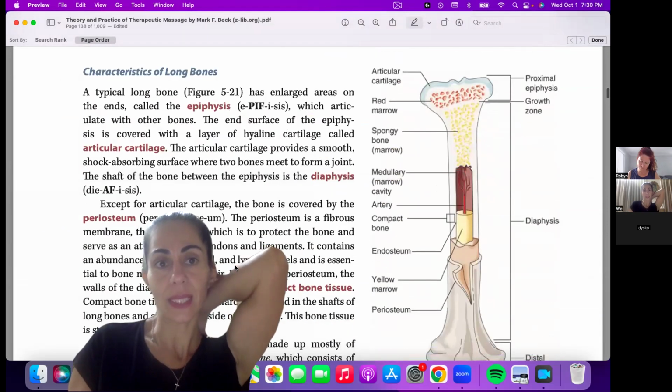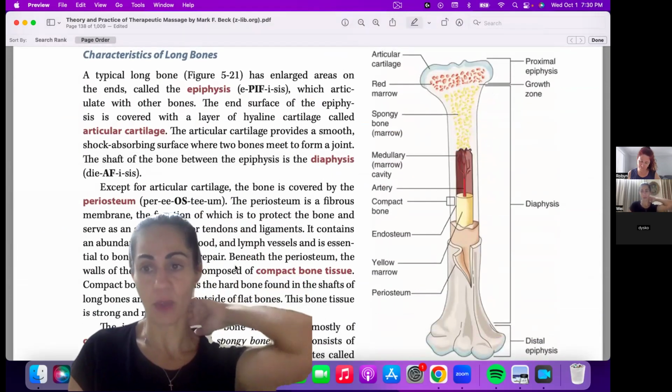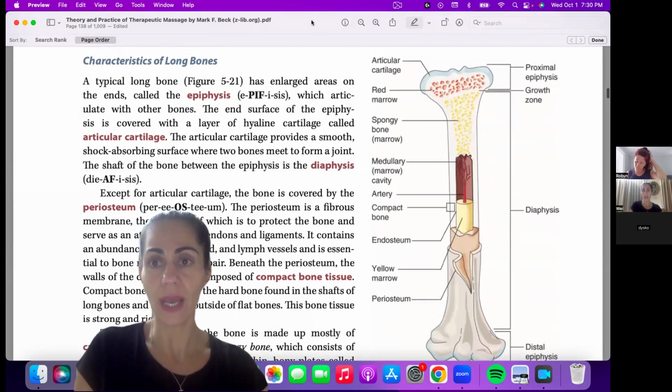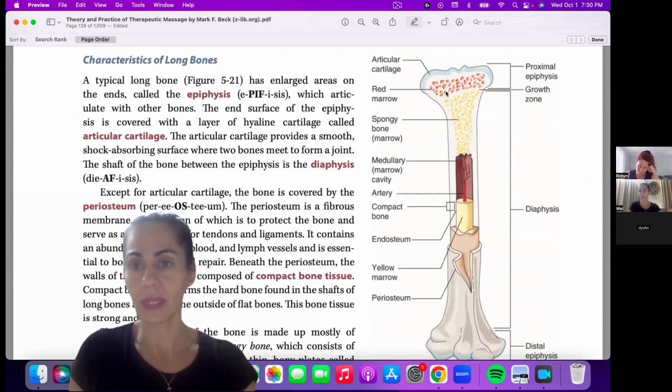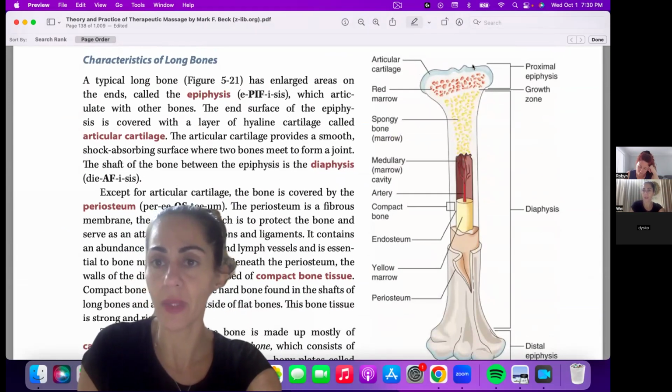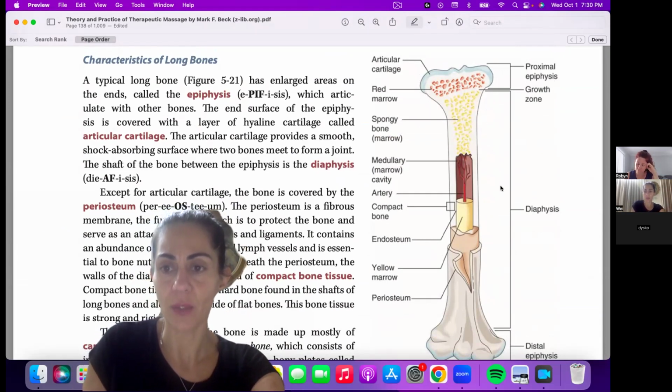All right, next we're going to characterize the bone, like the anatomy of the bone. Let's say it's a femur. We have the ends of the bone, which are called the epiphysis. And the shaft, or the long section, is the diaphysis.